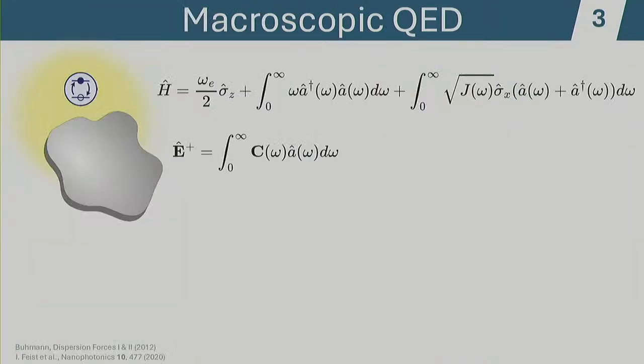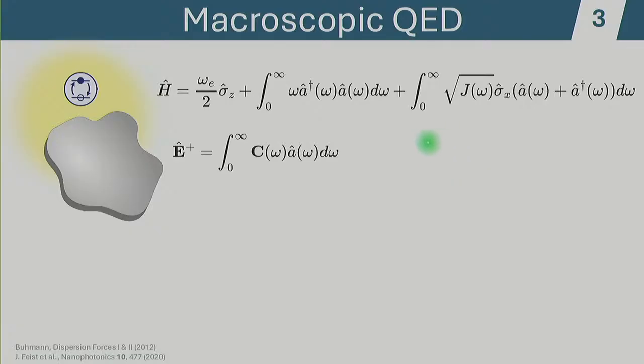This, however, is not fully true, in the sense that there are methods which allow us to quantize light in such systems. For example, the framework of macroscopic quantum electrodynamics shows us that light-matter interaction in such systems can be described using this type of Hamiltonian. It is actually very similar to the one I showed you.